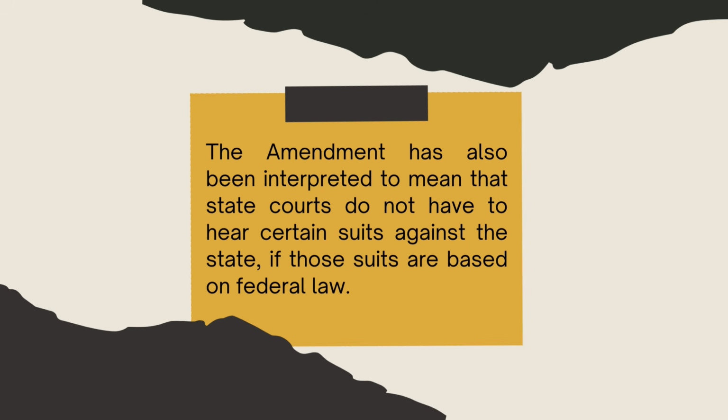The 11th Amendment has also been interpreted to mean that state courts do not have to hear certain suits against the state if those suits are based on federal law.